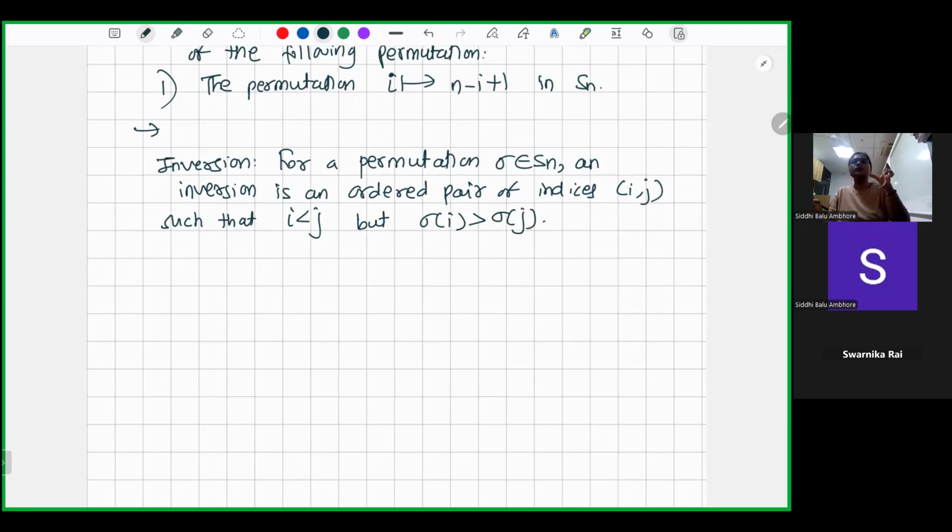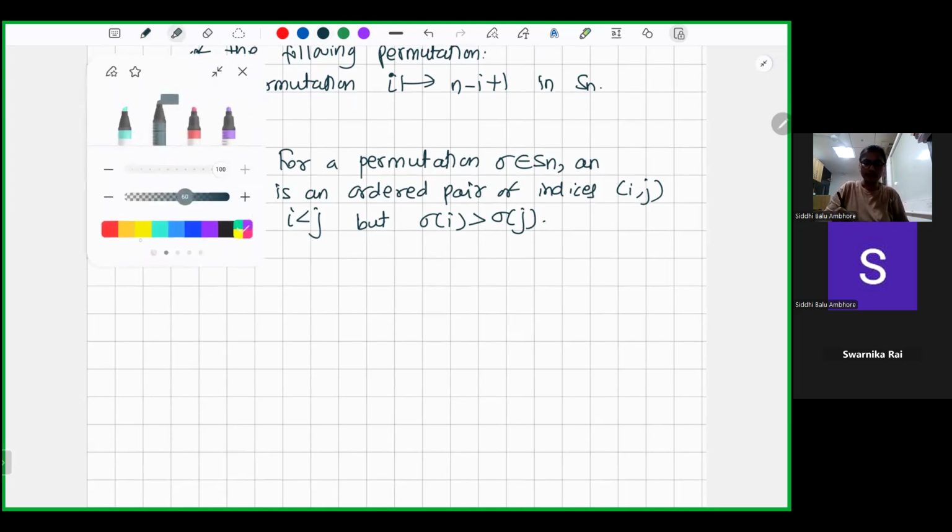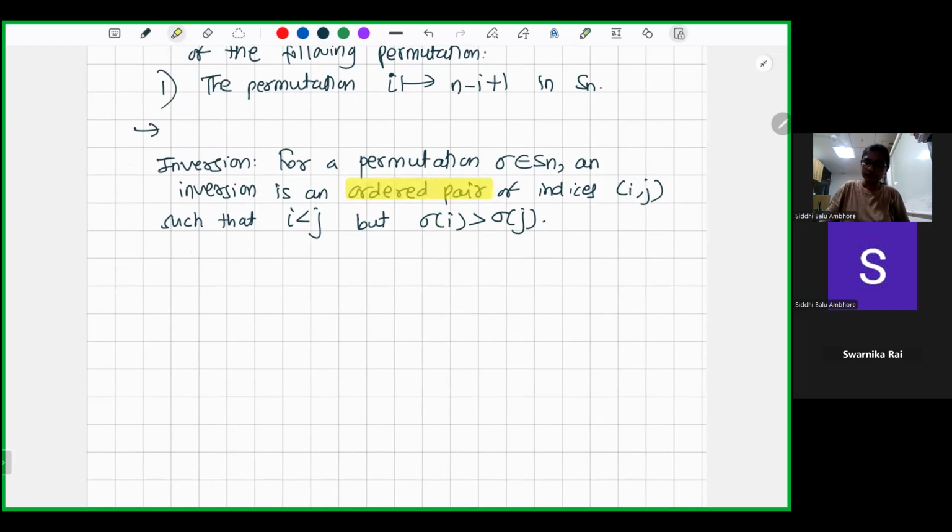So for each pair i less than j, I have to check whether sigma i is greater than sigma j or not. And when that holds, I have this ordered pair, i comma j.